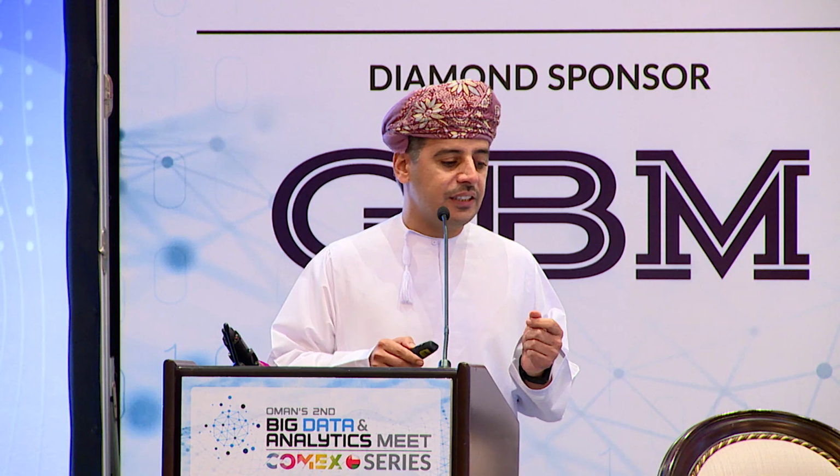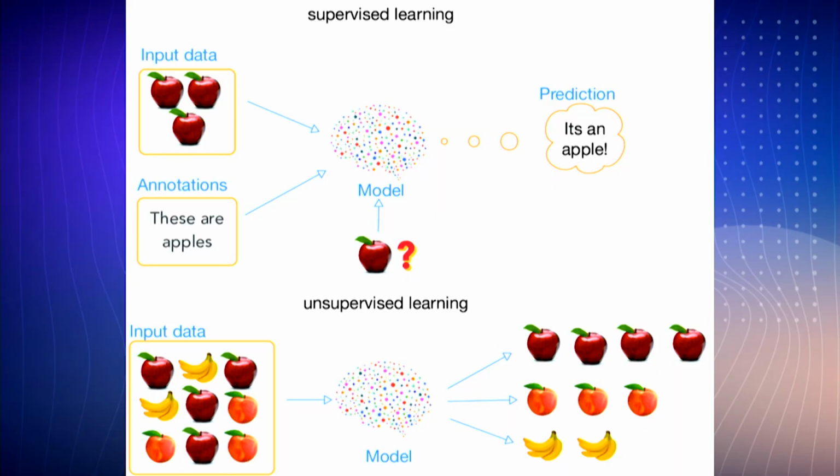To be more clear, suppose we have these pictures. In the first example, we input some apples, and we annotate the algorithm to teach the system, this is an apple. So it will tell us, is it an apple or not?